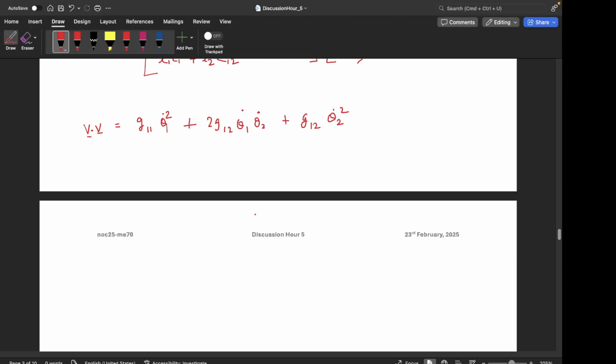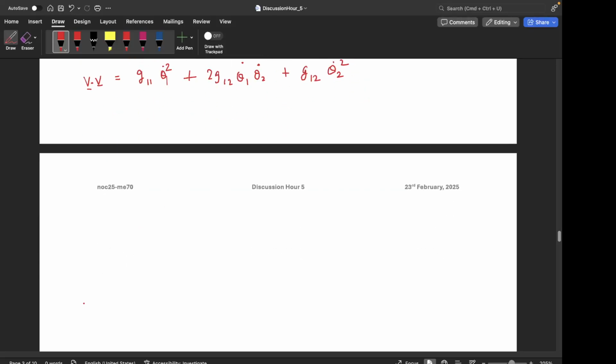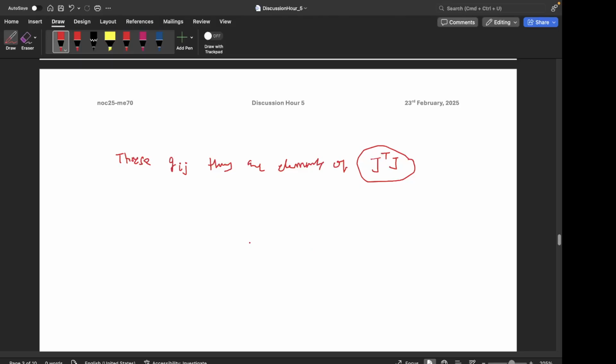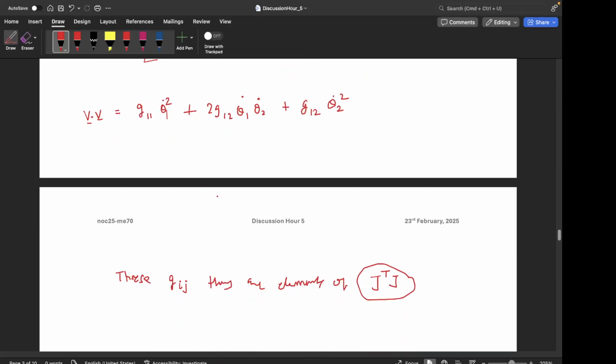And what we find out is that these expressions Gij are elements of the matrix J transpose J. So if we do J transpose J for the J above, the elements that we get for indices 1 and 2 show up when we do V square, the velocity dotted with itself. This is very interesting.